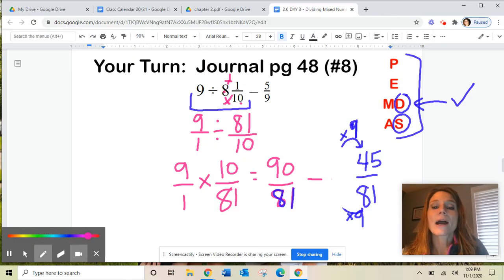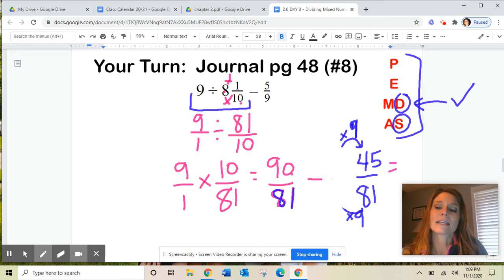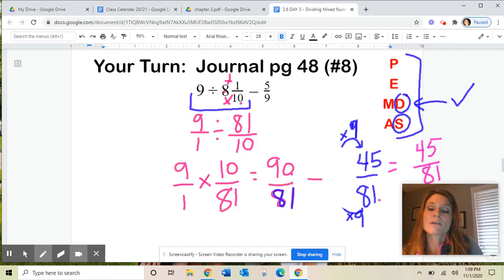So now I can do 90/81 minus 45/81, and that's going to give me 45/81. So did you get a common denominator? Did you rewrite an equivalent fraction correctly? Did you subtract correctly?